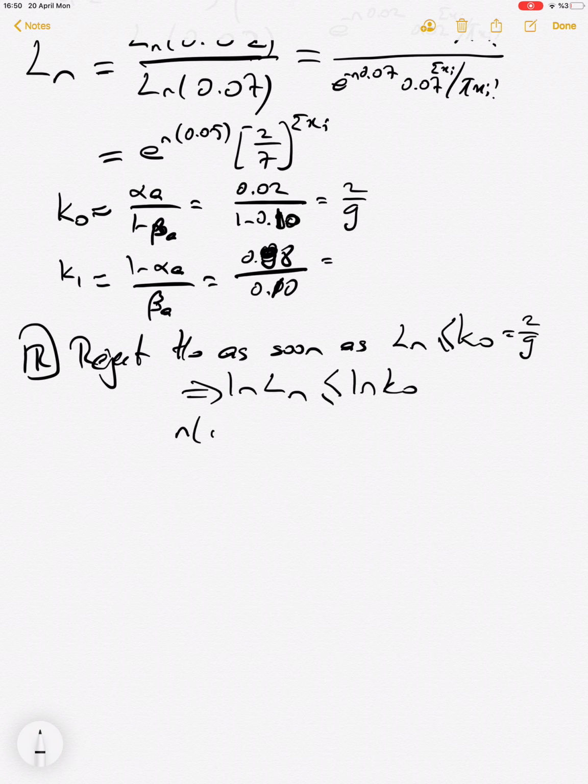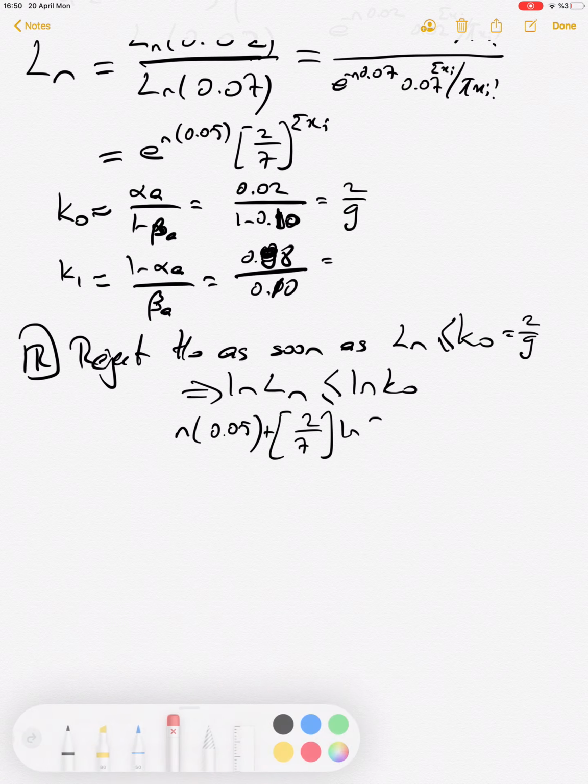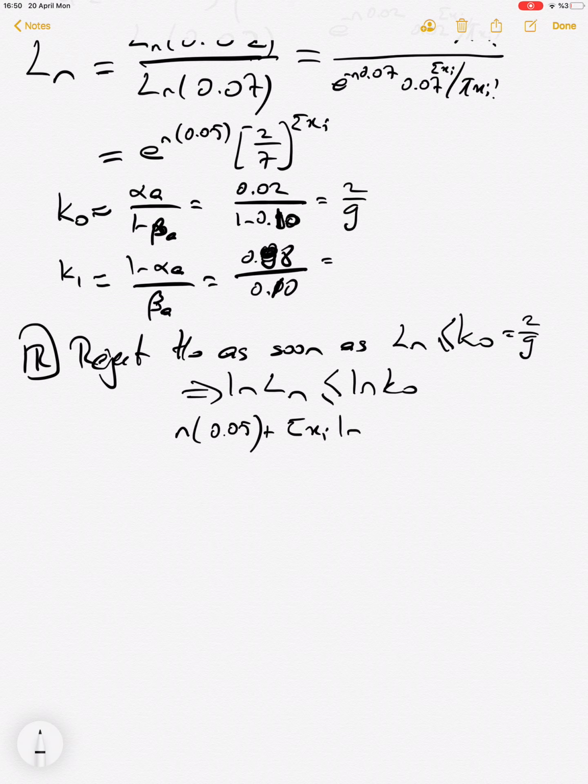So we have n times 0.05 plus summation xi ln of 2 over 7, which is a negative quantity, less than or equal to ln k0.